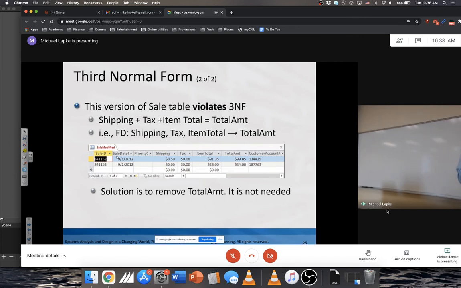In other words, can I take a part of your address and figure out something else without knowing anything else about you? What could I use? Say you give me your zip code. Could I figure out your state and your city? Yeah. So that's a normal example they give.